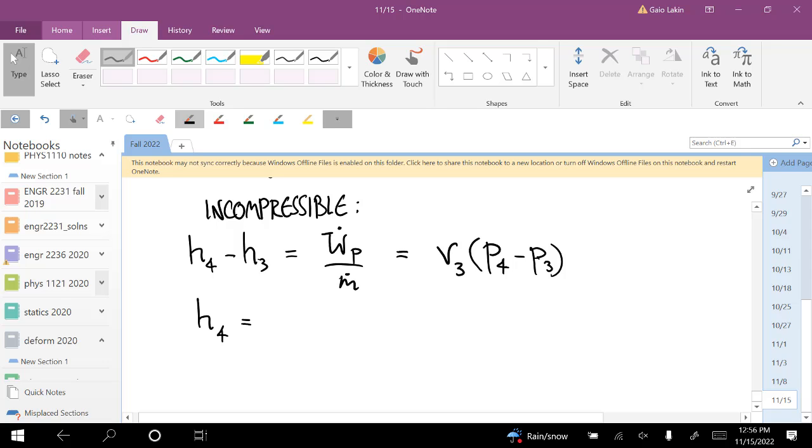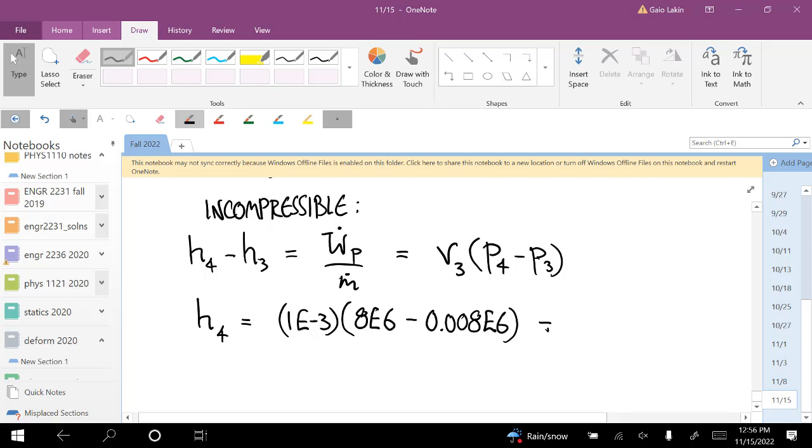is equal to the specific volume of liquid water, which is about 1 times 10 to the minus third. The pressure at 4 is 8 megapascals, so 8 times 10 to the 6. The pressure at state 3 is 0.008 times 10 to the 6.